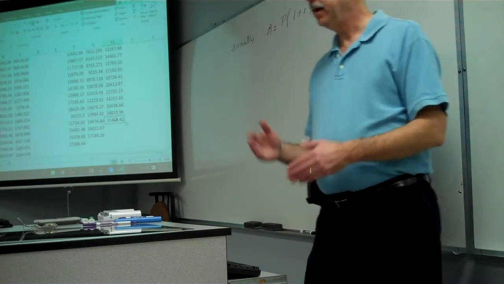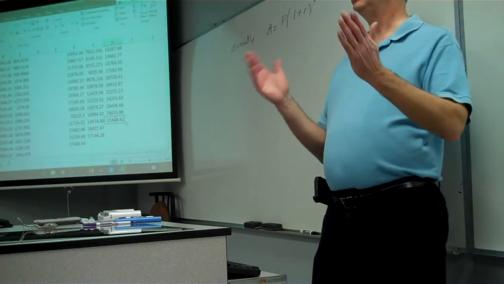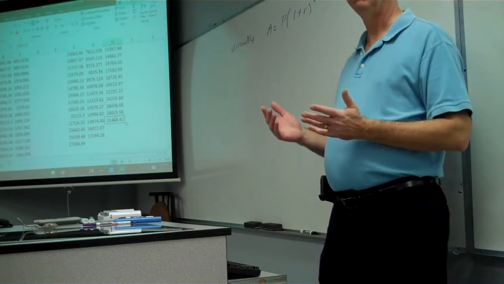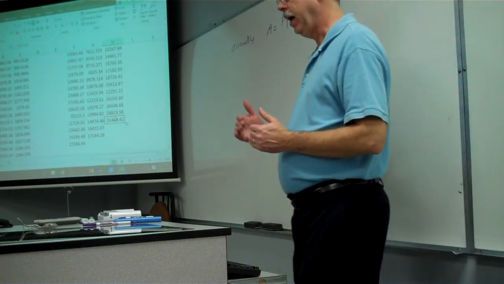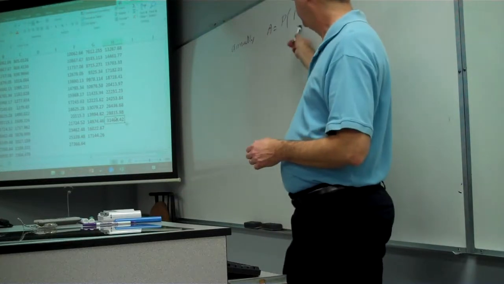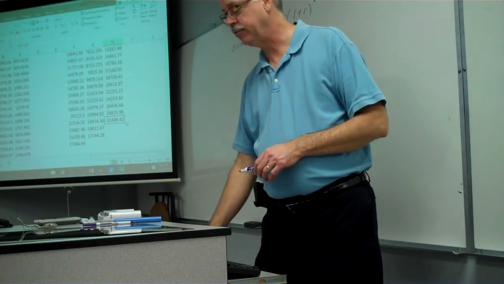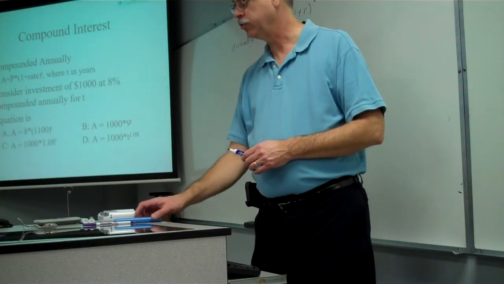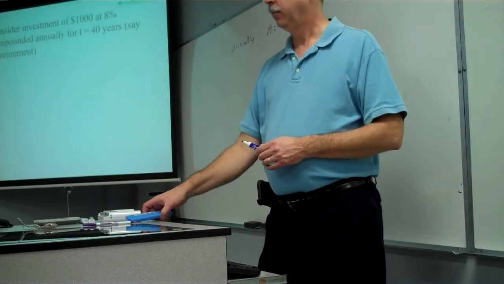So that extra 1% makes a huge difference if we're in a position to let this go long term. And that's a key idea behind any sort of investment. The compounding is what's really bringing in the money.